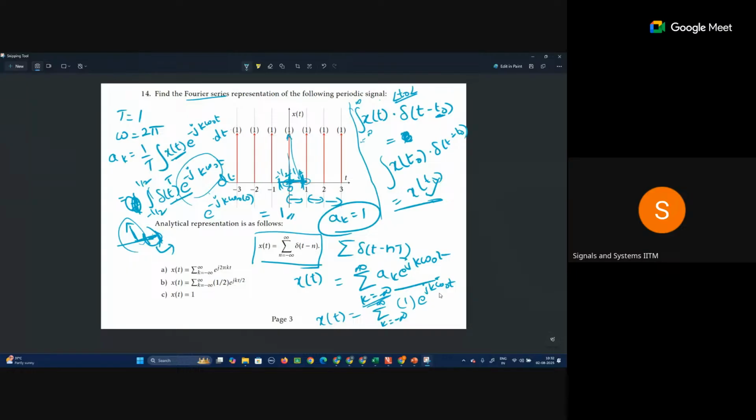So here omega is 2 pi, right? Substitute. So we will be getting summation k equal to minus infinity to infinity of e power j k 2 pi t. So we'll be getting option A. Am I clear? Yes, ma'am.